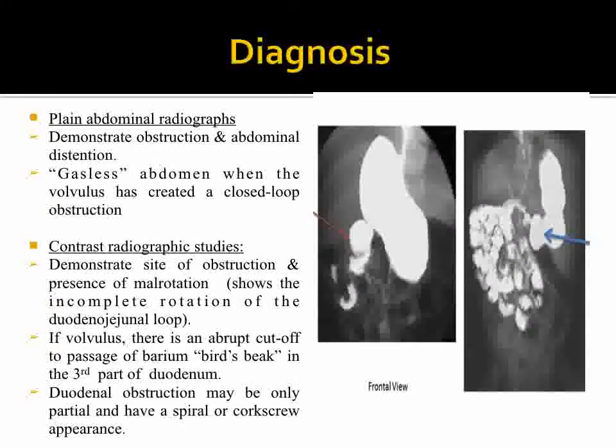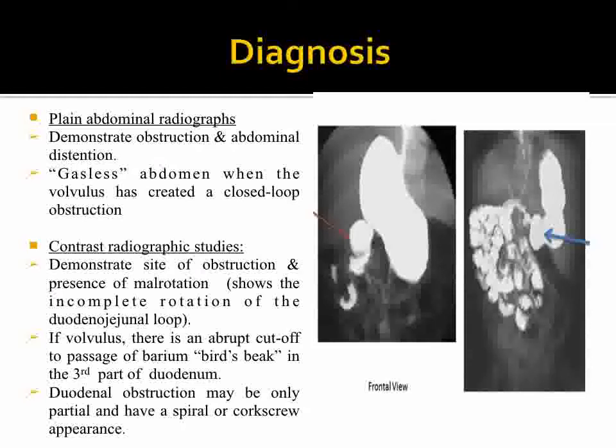Clinically, the picture is only similar to duodenal obstruction, so we cannot differentiate between duodenal obstruction and malrotation. To diagnose it properly, we have to do a radiologic study. Plain abdominal radiographs will demonstrate obstruction and abdominal distension, with a dilated duodenum or dilated small intestinal loops. A gasless abdomen will be detected when the volvulus has created a closed loop obstruction.